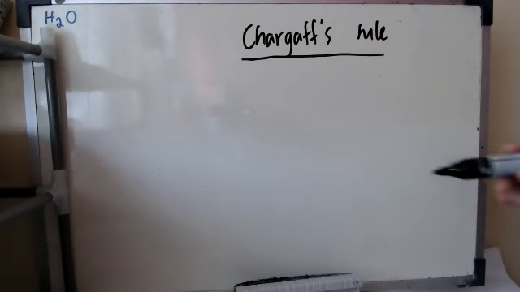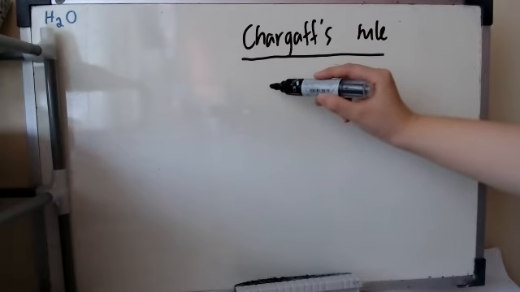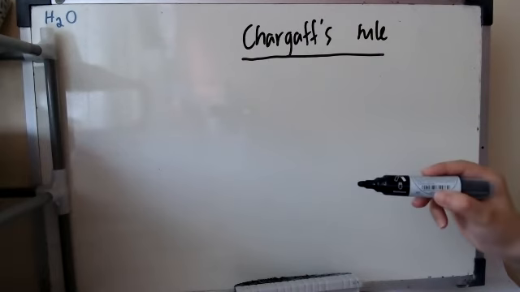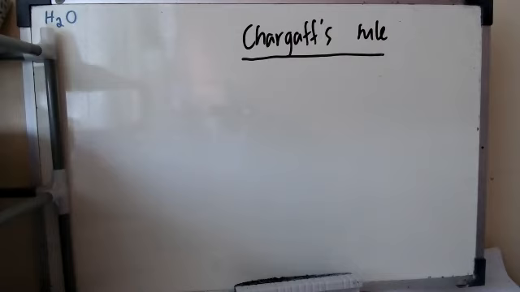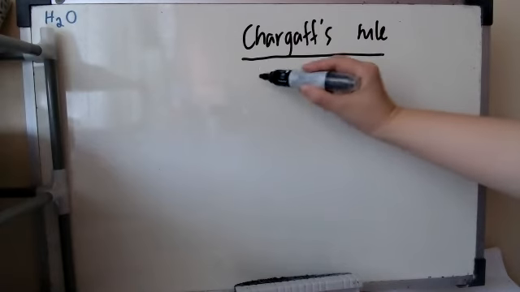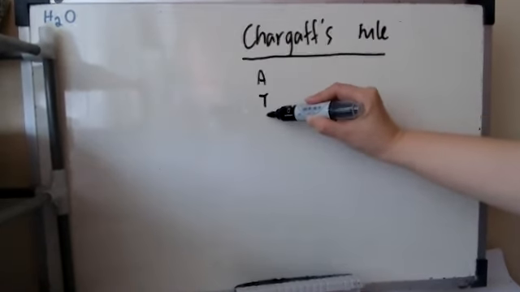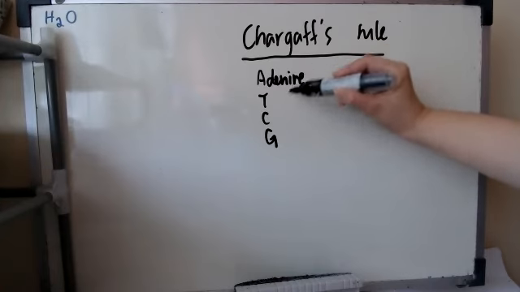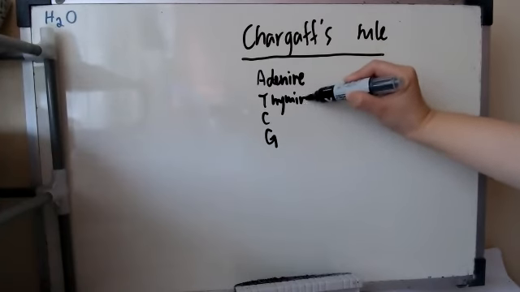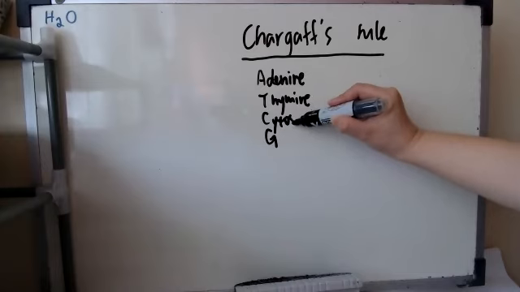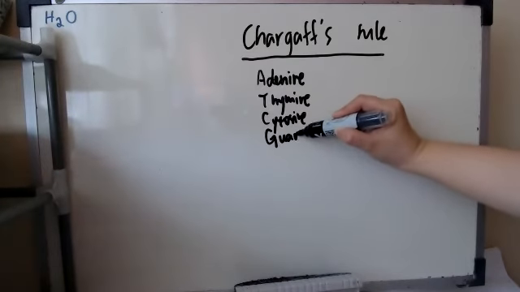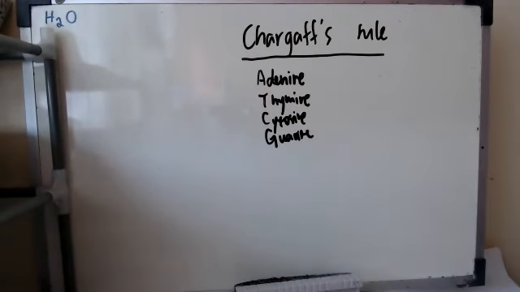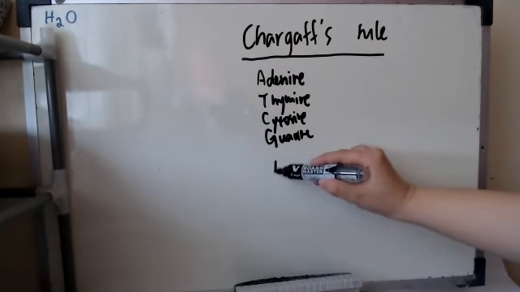Remember the nucleotides? The nucleotides have nitrogenous bases, right? There are 4 types of nitrogenous base, which is ATCG. A for adenine, T for thymine, C for cytosine, G for guanine. Okay, so he went through the trouble of going and analyzing, say, rats.